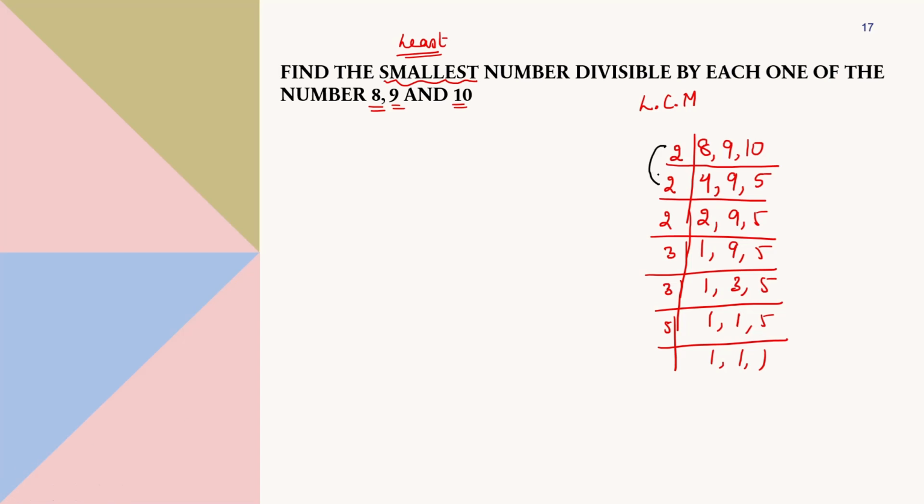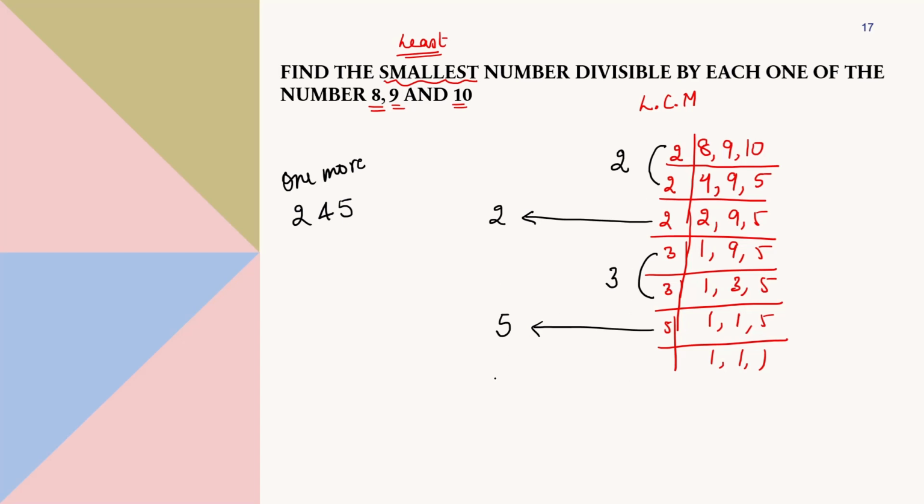Now check which numbers are in pair. Concept is same, finding pairs. 2 is in pair, 3 is in pair. Only this 2 and this 5 are not in pair. So if we provide one more 2 and 5, then all the numbers will be in pair.